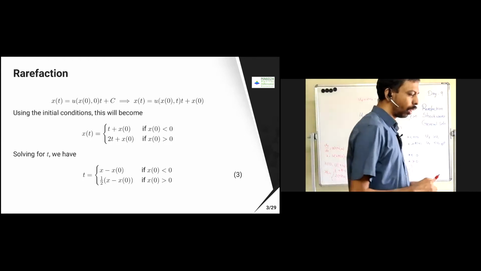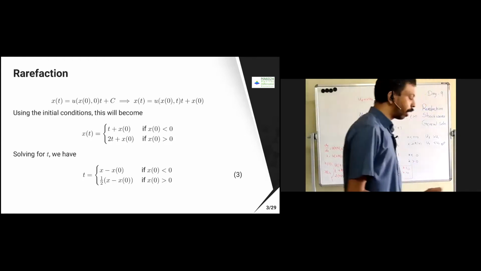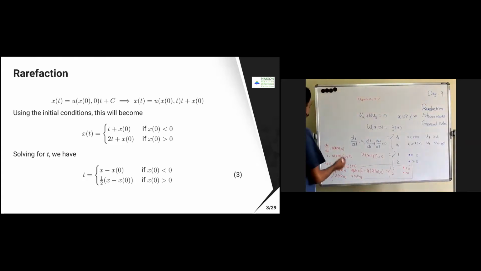Even if you write this in terms of t, you will get t equal to x minus x naught, and I'm just rewriting the same equation in terms of t as half into x minus x naught, with the same conditions: x(0) less than 0 and x(0) greater than 0.